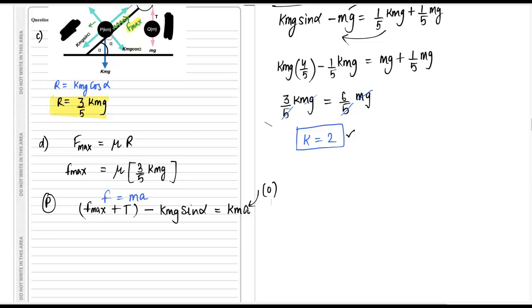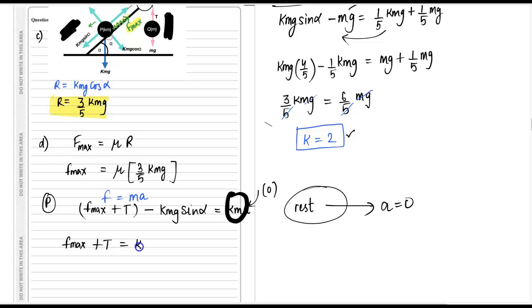Instead of saying we don't know, we basically know that acceleration is 0 because the object is at rest. When the object is at rest, that means acceleration is 0. So it will turn up to 0. Okay. So can we say that F max plus T is equal to KMG sine alpha?